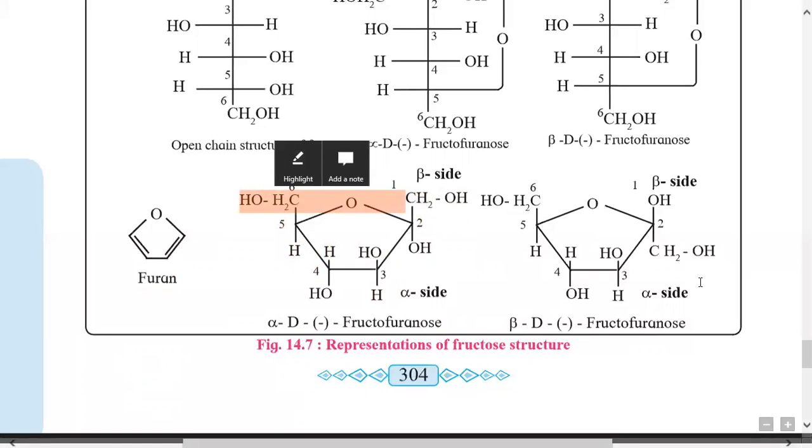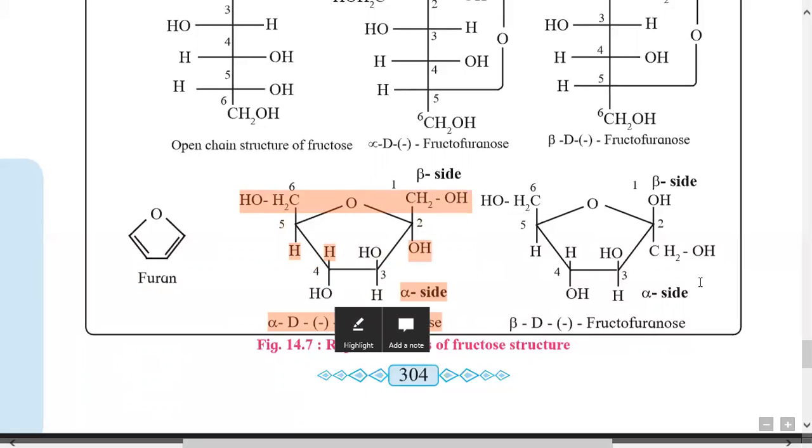In this alpha anomer, the OH group on the second carbon is below the ring, called the alpha side, and hence it is called alpha D minus fructofuranose.